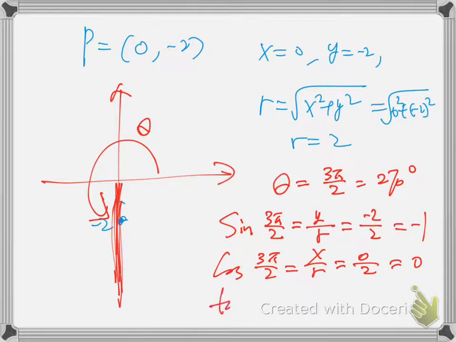And tangent of 3 pi over 2 is y over x, so negative 2 over 0, which means this ratio is undefined. So now we have a special case where the tangent is undefined. For this case, you cannot get a right triangle. There's no right triangle if the point P is on the y-axis.